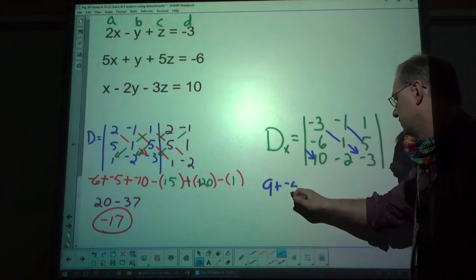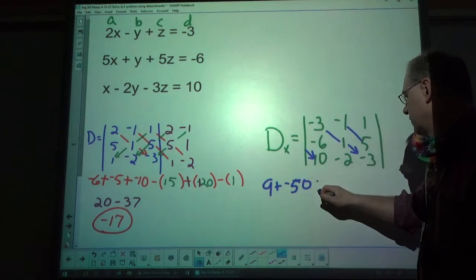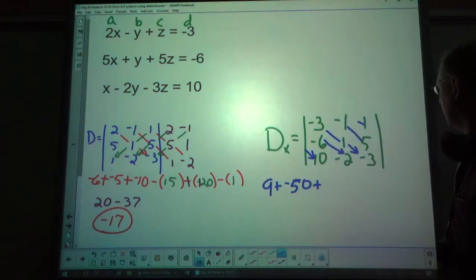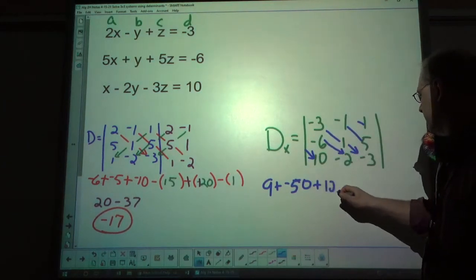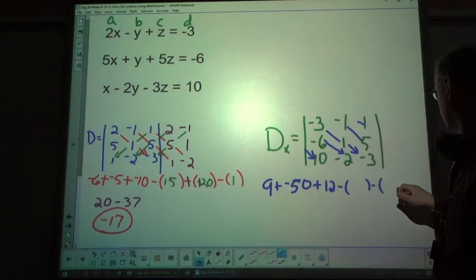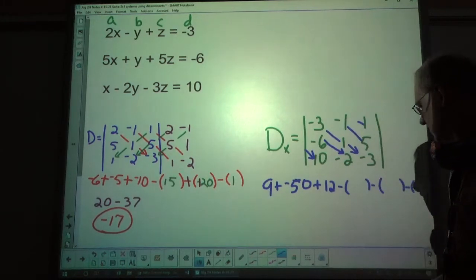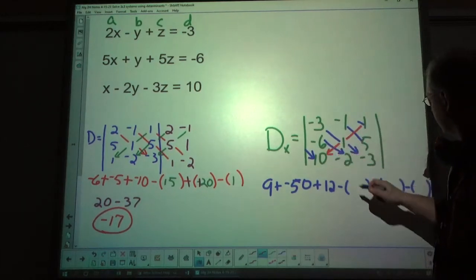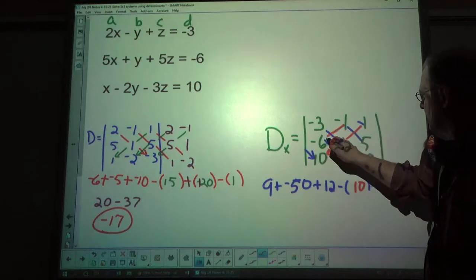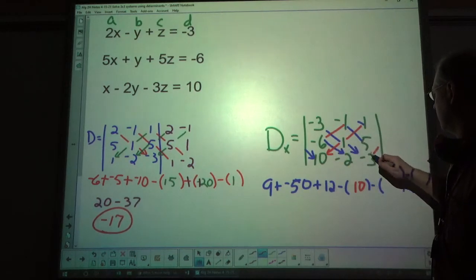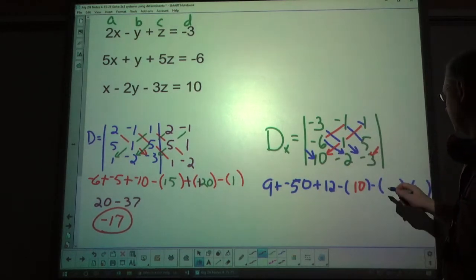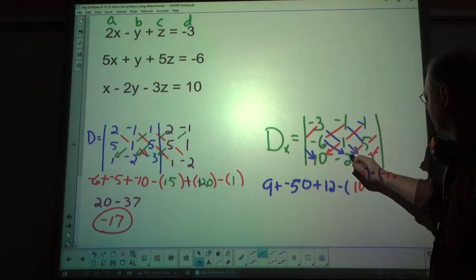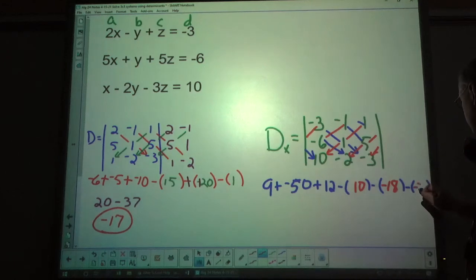Negative 50. 1, 6, and negative 2. 12 minus. Let's go the other way. 1, 1, 10, 10, 1, 6, 3, and of course that's negative 18, and negative 3, 5, 2, negative 30.